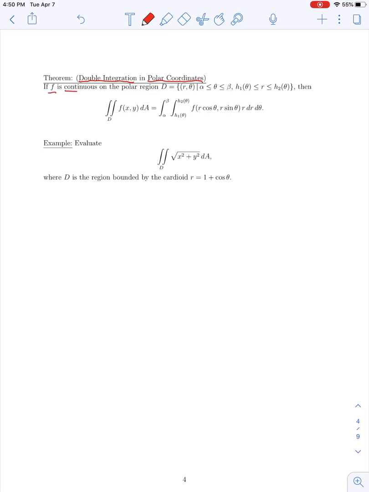So here let's suppose that f is a continuous function on a polar region D, described as the set of all points r theta, where theta lies between two constants alpha and beta, but where r is no longer bounded by constants, but by functions of theta, let's say h1 and h2 of theta.